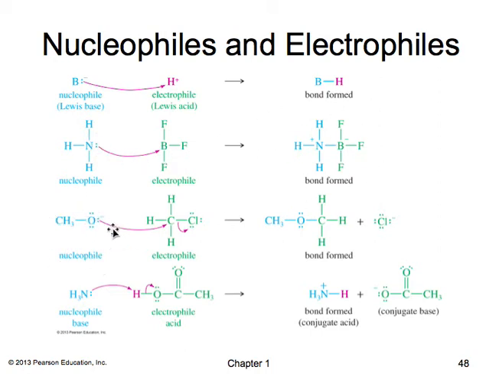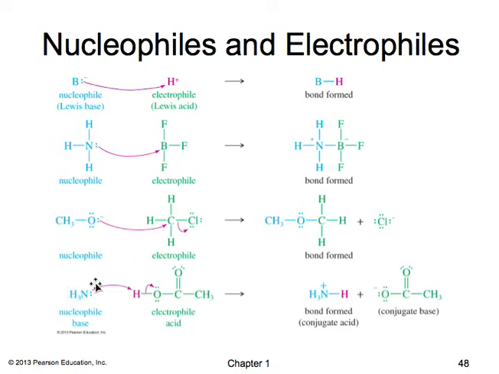Here is a reaction in which you have methoxide electrons going and attacking this carbon. Now, since carbon can only have 4 things attached to it, it has to let go of or break a bond. In this case, it's breaking the carbon-chlorine bond, and as a result of its breaking, you're showing an arrow going to the electrons. This leaves a chloride anion and a new bond being formed.